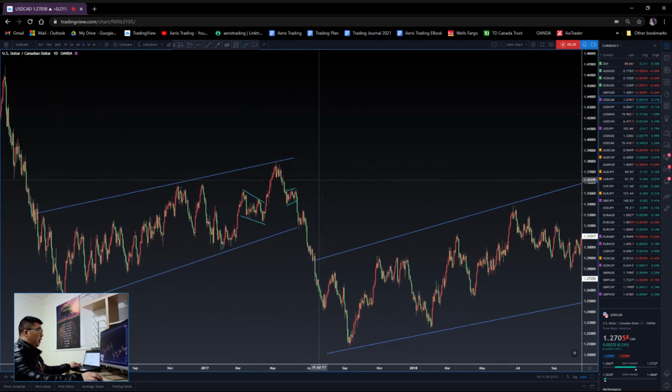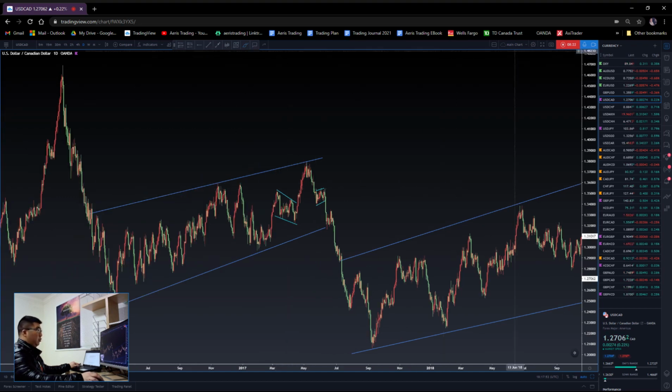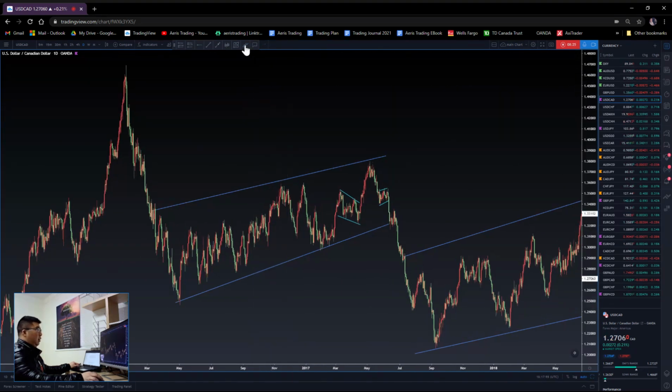To confirm that is to go down to the lower time frame. And on the lower time frame here, you can clearly see that there is a lower time frame impulse and a lower time frame flag continuation to push the price down. And adding confluence to each other, stacking confluence, is very key when we trade price action, when we trade market movement and things like that.